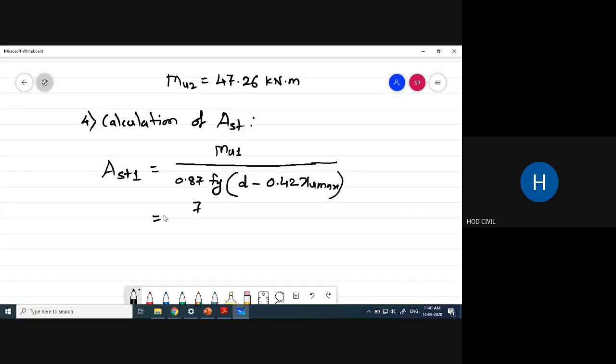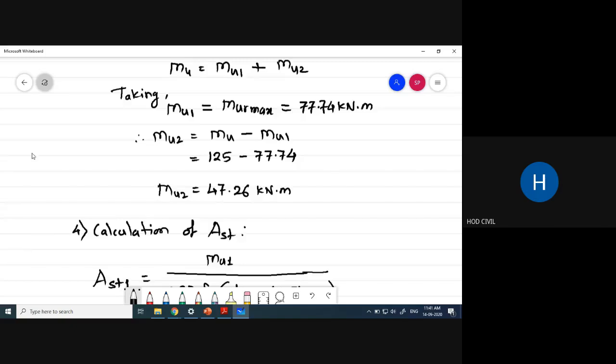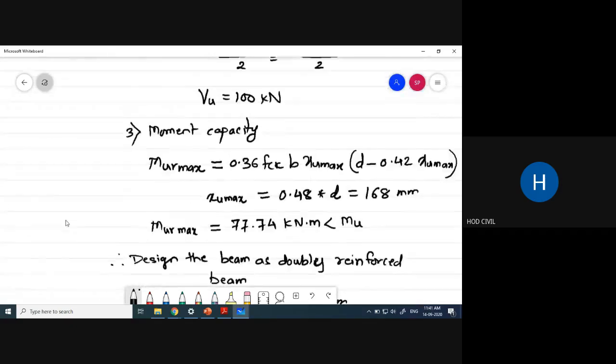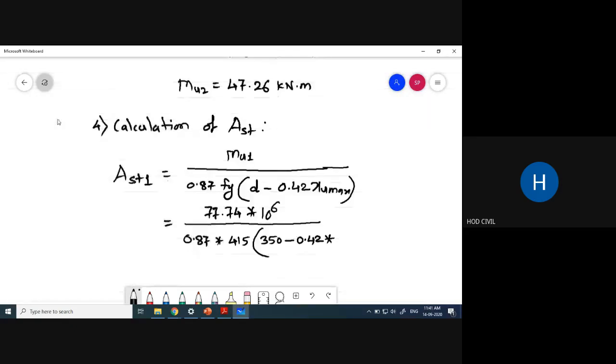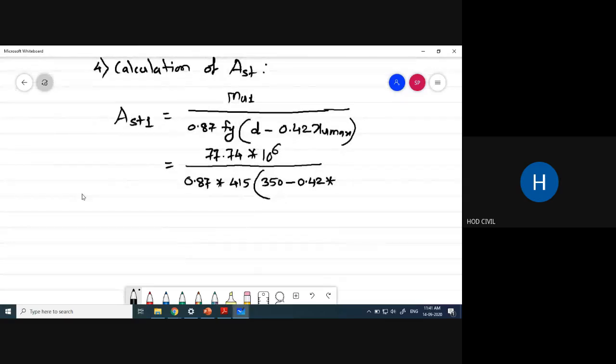So 77.74 into 10 raised to 6, because I am writing Fy in Newton per mm square, divided by 0.87 into 415 into bracket D is 350 minus 0.42 into, what is the value of XU max? 168.